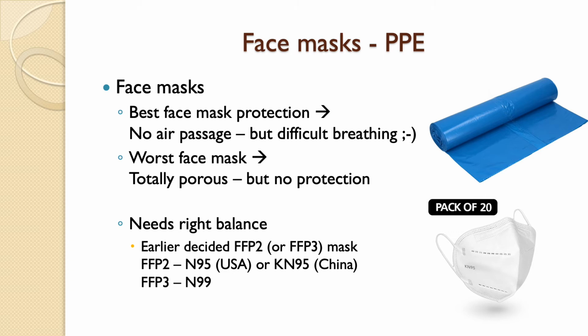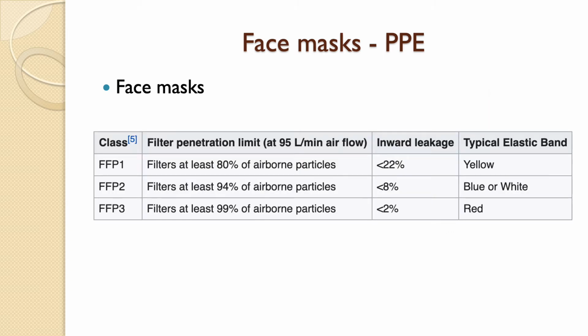And we also know FFP3, which has a higher percentage of filtering, 99%. But it makes, of course, breathing a little bit more difficult. This is a table showing you the properties of the different masks. And you can recognize the different masks by the elastic band, whether it is yellow, blue, white or red.